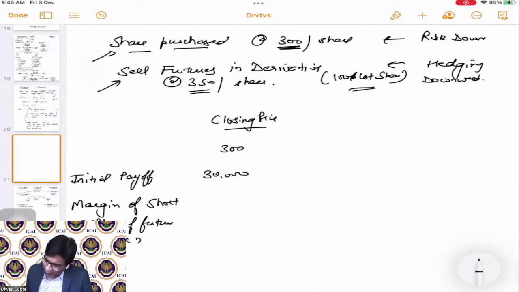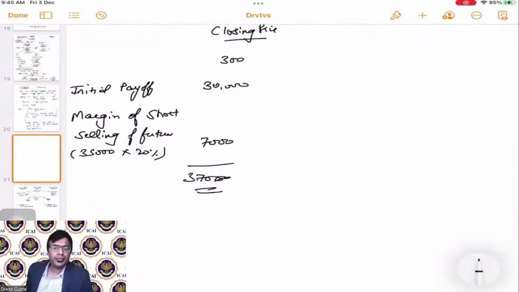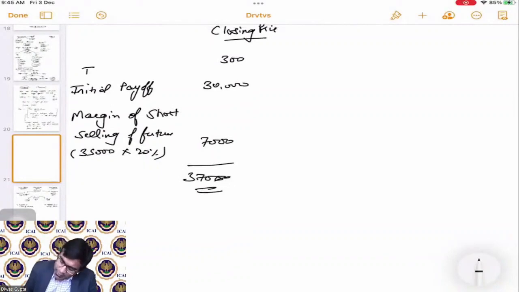So on 35,000 you will pay 20%, because I'm saying that 100 are equity shares and 100 are futures, both numbers are the same. So you will pay how much? 7,000 here. So 37,000 is your initial cash flow. Very good. Let me put this here as initial.